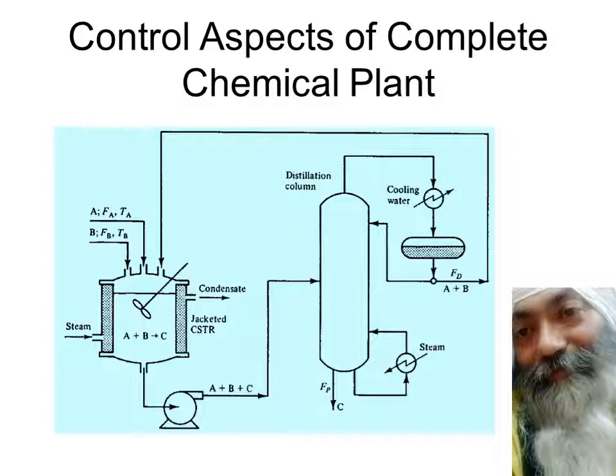So friends, what you see over here, as we have been discussing earlier, is a stirred tank reactor, and in this stirred tank reactor you have two primary inputs. First, you have reactant A getting into this CSTR.